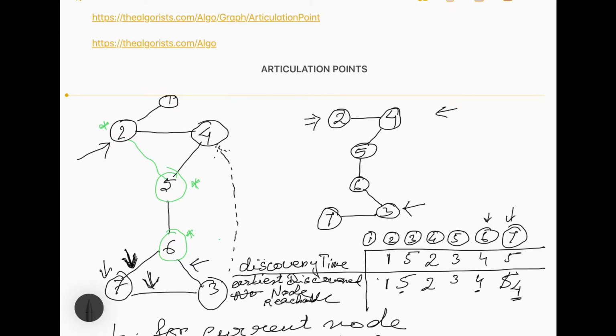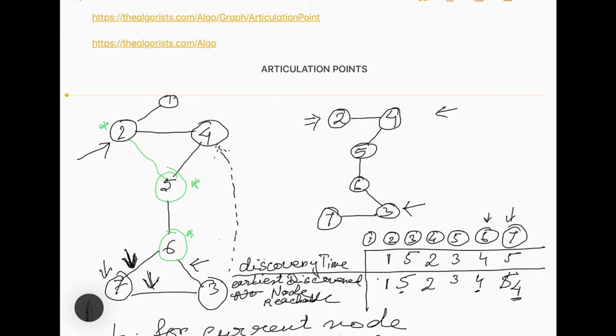So the adjacent nodes are 7 and 6. For 7, the earliest reachable node is 4, and for 6, since 6 is the ancestor of 3, we don't even look at the earliest reachable node from 6.